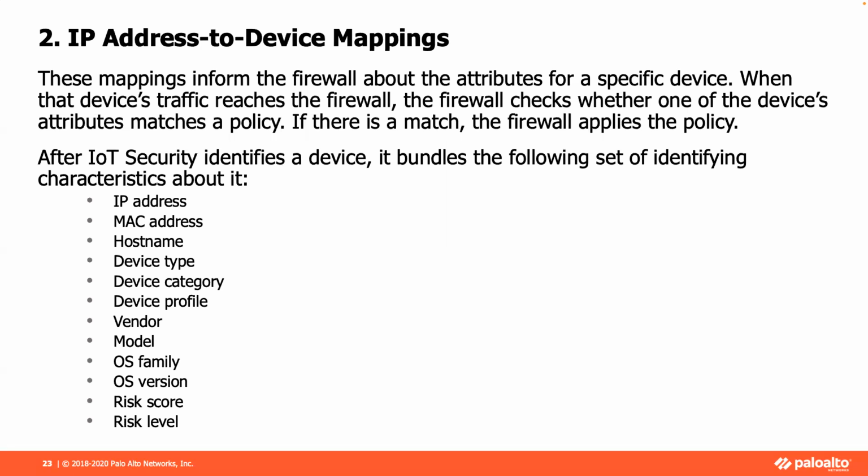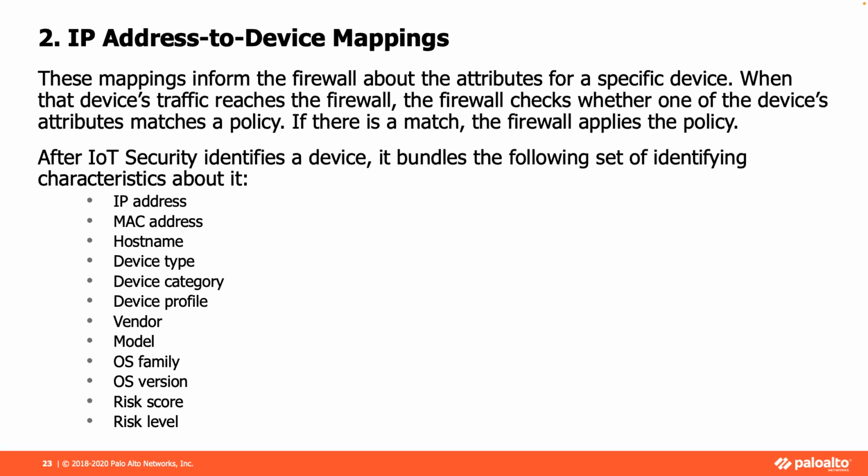The second piece is mapping that device to an address, saying, right now, my card swiper that's at the front door of my office has IP address 172.16.1.1. It has this MAC address.